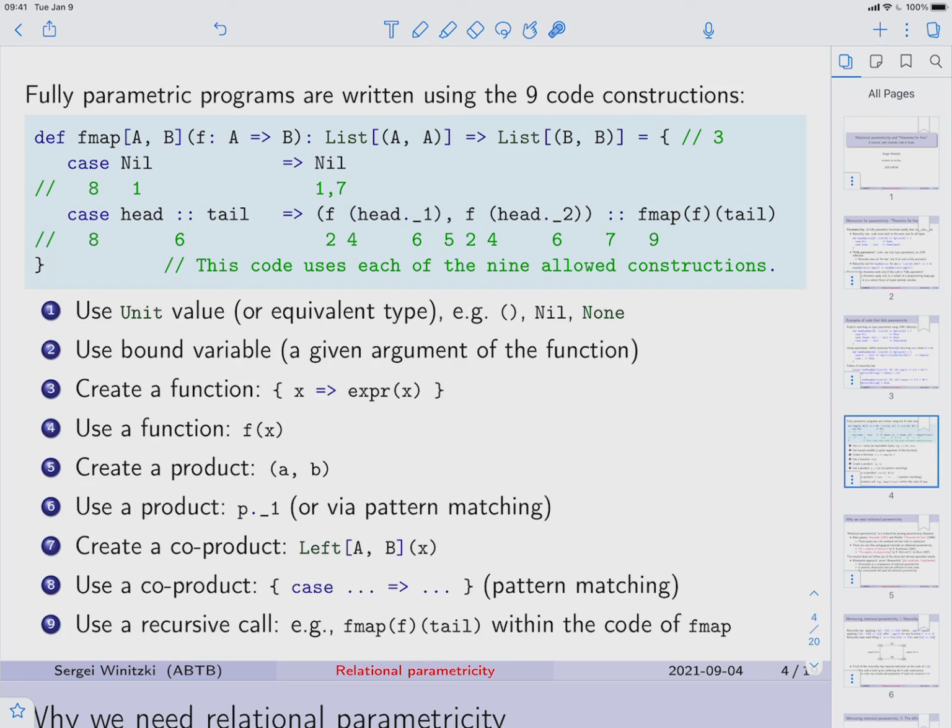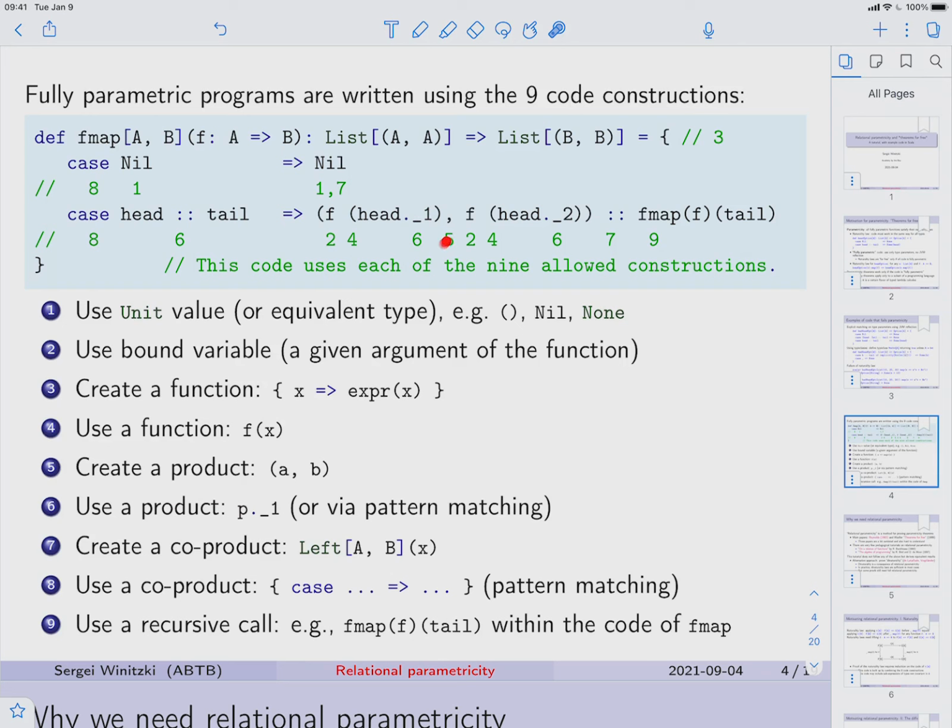And so on. So here you use the bound variable. This variable f is bound. It is given to you as an argument, so you are allowed to use it. Here you're using a function, so you're applying this to an argument. Here you're taking the first element of a tuple, so that's construction 6, and so on.